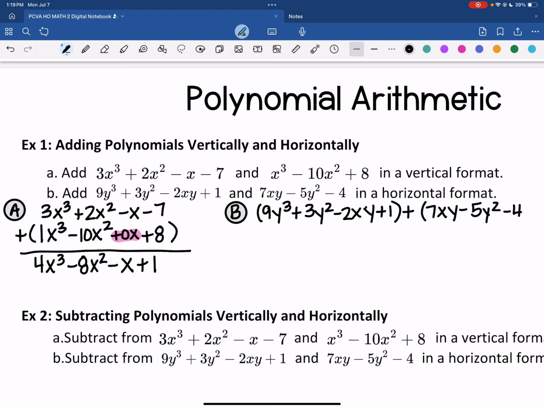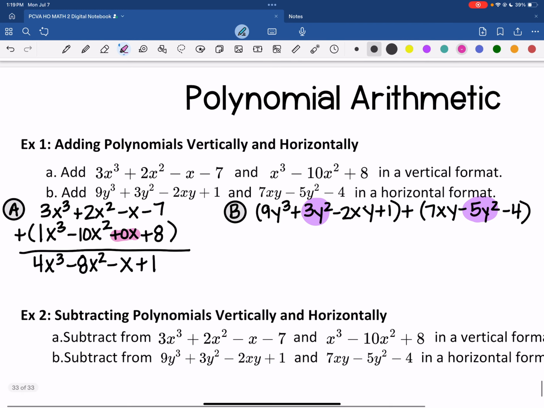We can only combine like terms together. So if I color code here, I have a 9y cubed. There is no y cubed over here, so we can't combine that with anything. Then I have a y squared. Well, there is a y squared there, so we're going to combine that one and that one. We have a 2xy, a negative 2xy, and a 7xy, so we're going to combine those.